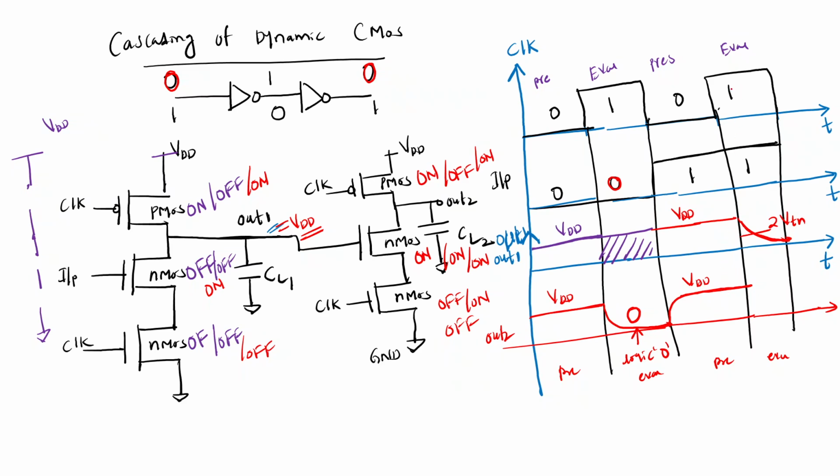Here in the evaluation mode, when clock is 1, this will be off state, and this will be off state, and input this will be on state, and this one, if you see, clock is 1, this will be on state. As this is off state, what happens here, the capacitor will discharge.